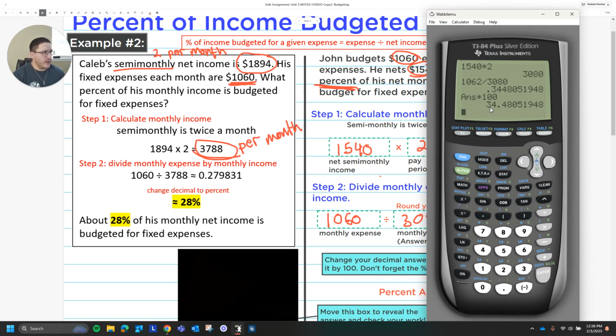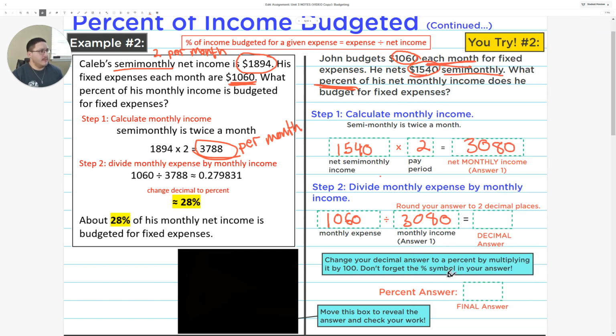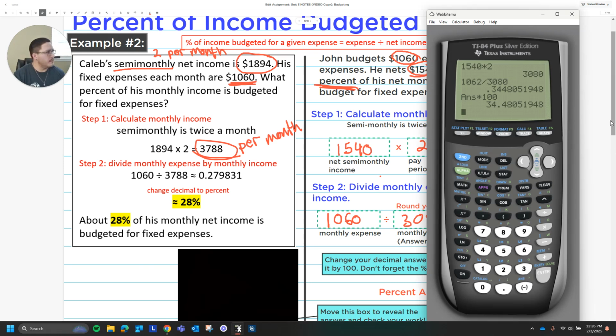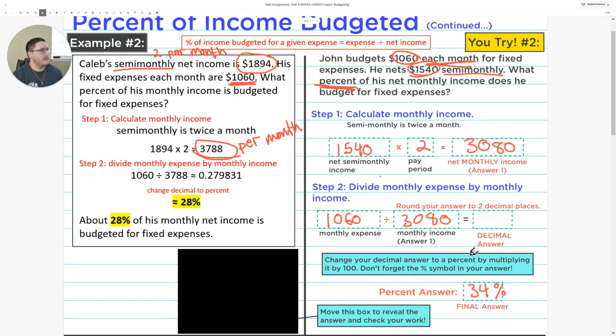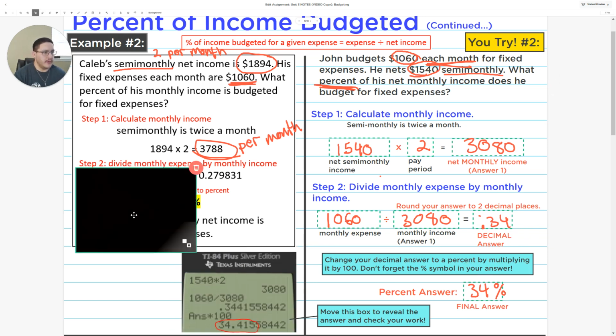We get about 34%. Let me make sure I rounded that correctly. 34.5% if you wanted to, otherwise 34%. Round your answer to 2 decimal places, so this would be 0.34 for the decimal answer. Multiplying it by 100 will give us 34%. And that's it for you try number 2.